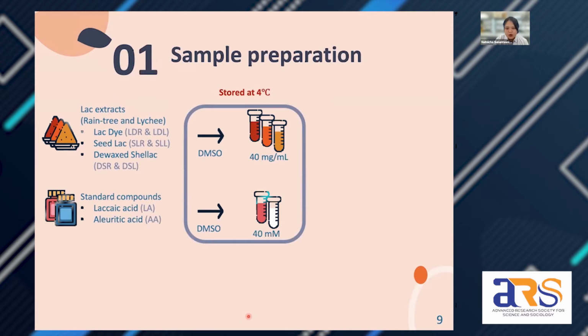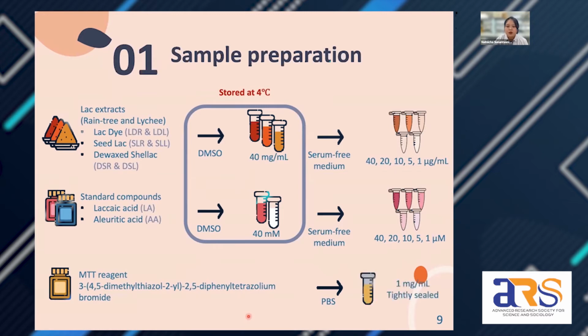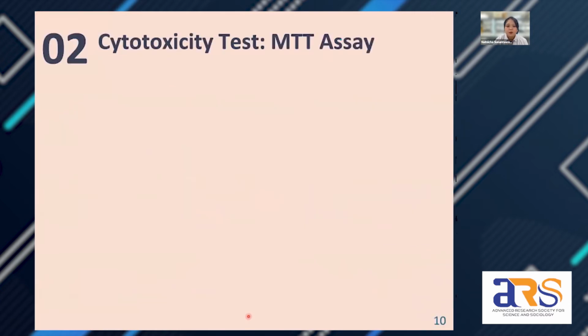This solution will be stored at 4 degrees Celsius, then further diluted with serum-free medium into this series of concentrations. And MTT reagent would be dissolved with phosphate buffer solution or PBS to 1 milligram per milliliter and tightly sealed. These solutions will be freshly prepared.